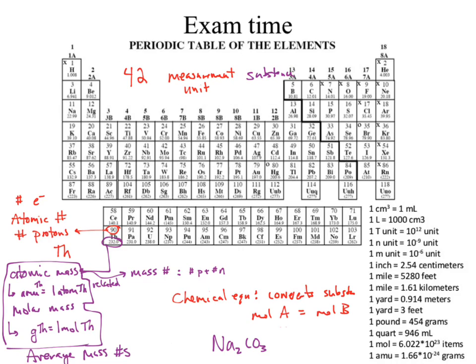Yes. But if I had just written sodium carbonate, can you tell me there's 3? No. Why not? What did you need? You need to know the symbol. It's not a chemical equation, it's a chemical formula. So the chemical equation allows me to convert substances, so does the chemical formula.